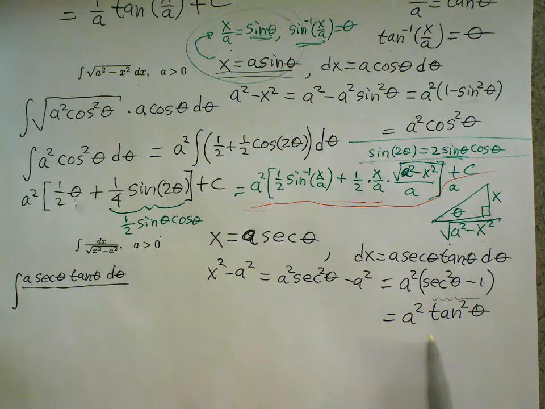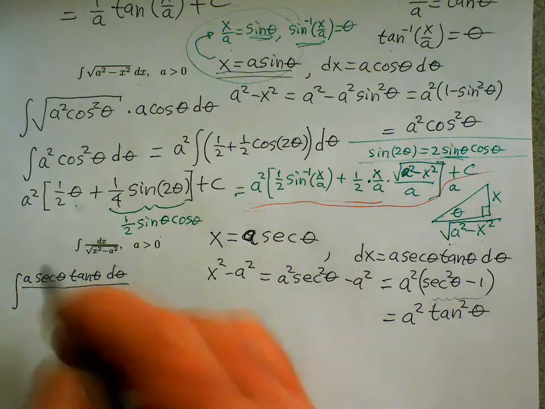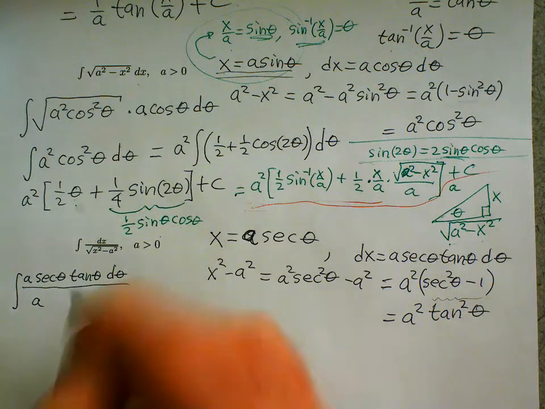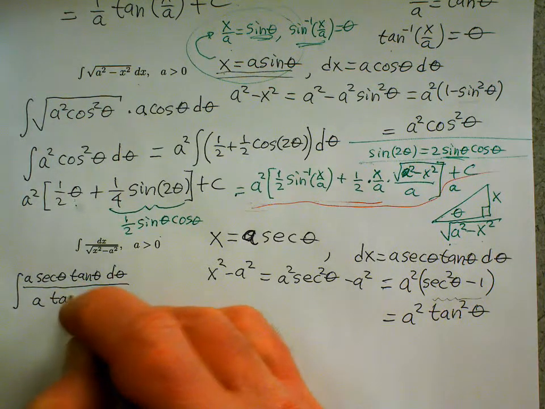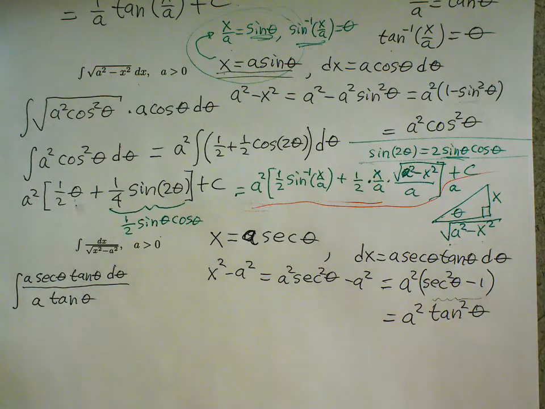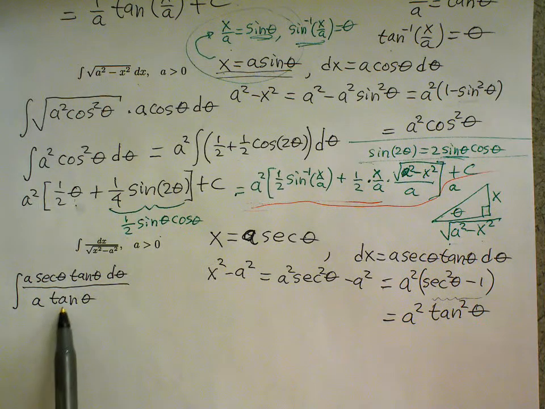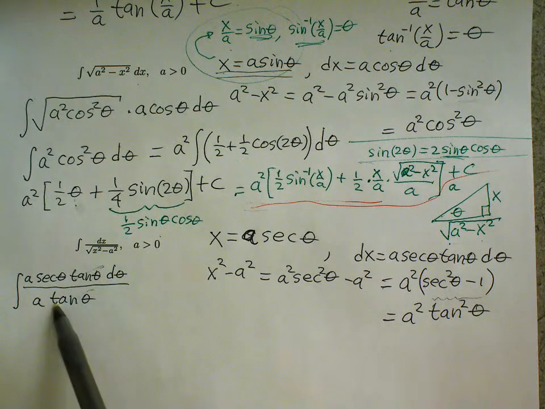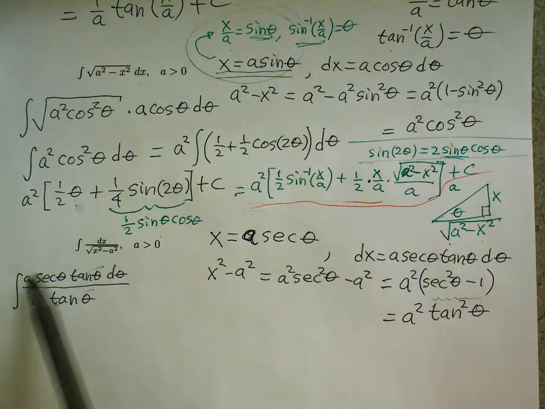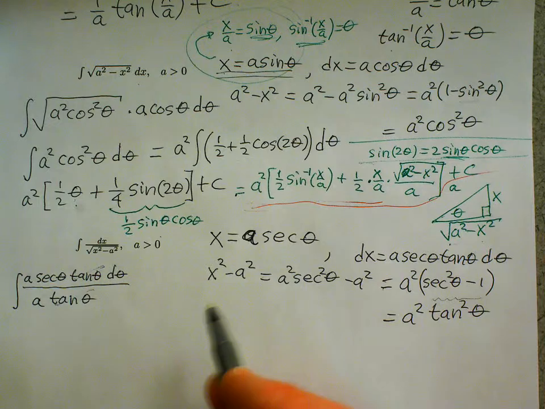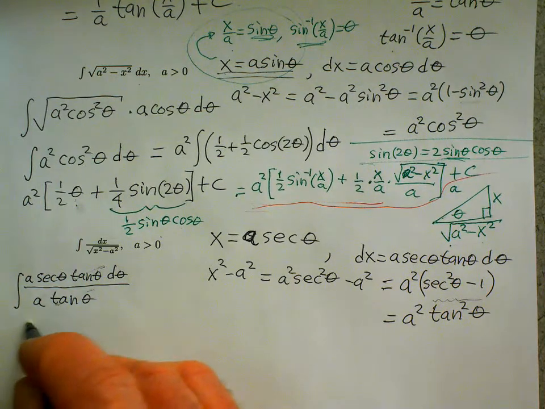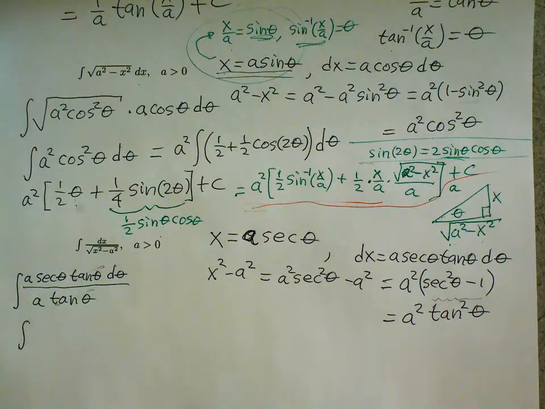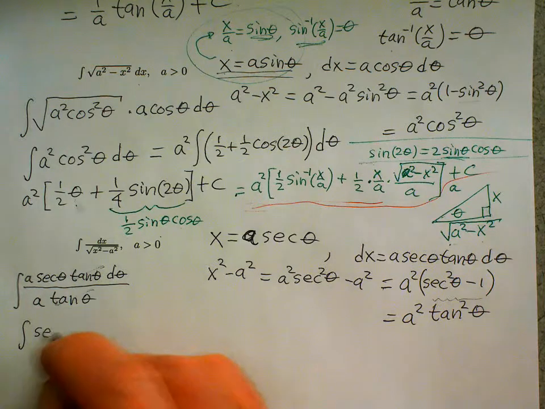So when we take the square root of that, we're just left with a times tangent of theta. Well, we get some cancellations. Tangent of theta divided by tangent of theta equals 1, and a divided by a equals 1. So we end up with the indefinite integral of secant of theta d theta.